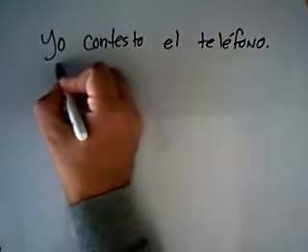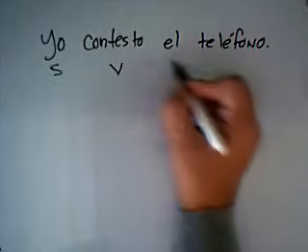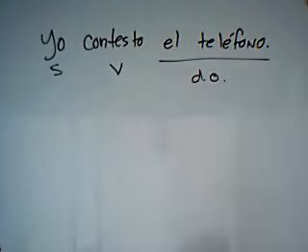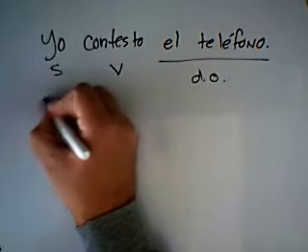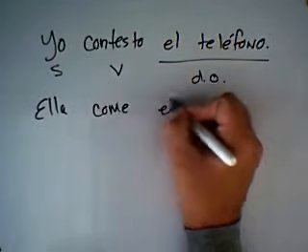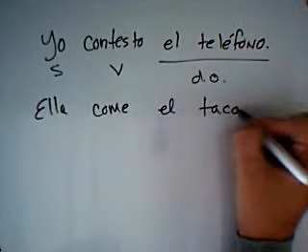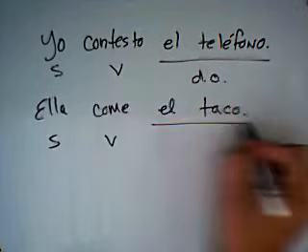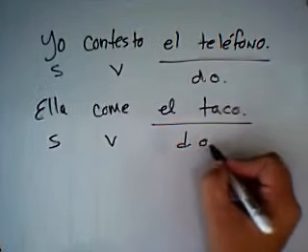We have a subject, we have a verb, and then we have this direct object, okay? I'll show you another example. How about ella come el taco? Okay, we have again subject, verb, and then a direct object.